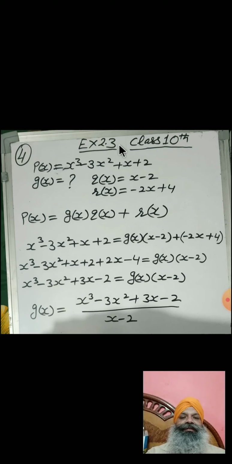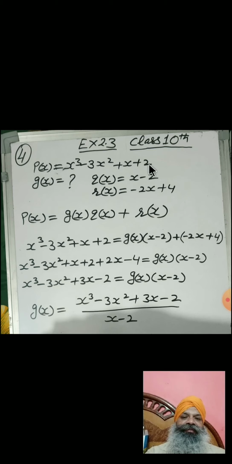We are asked to find the value of g(x), a polynomial, when this polynomial p(x) is divided by it. p(x) is not written in the question, and I will show you the question as written in the math book at the end of this video. p(x) is the polynomial x cube minus 3x square plus x plus 2.